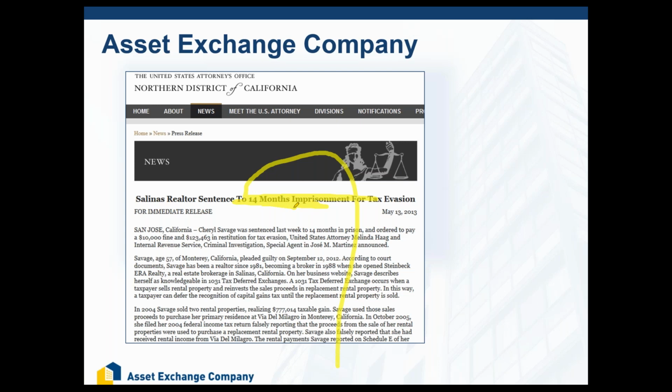But the property that you buy originally must be seasoned as an investment. And what I want to see is 2 years of rental activity on that property before you do anything else with it. So you can accomplish buying a primary residence in a 1031 exchange, but you have to be smart.